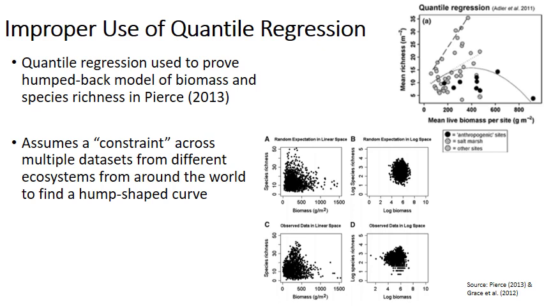What the researchers did is they assumed that when comparing all of these different ecosystems from multiple data sets, there was a constraint.